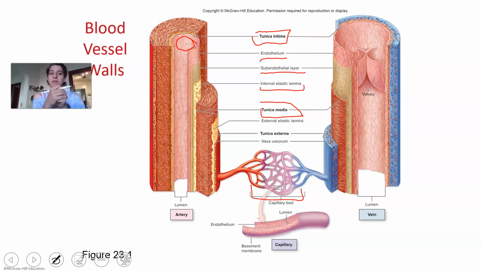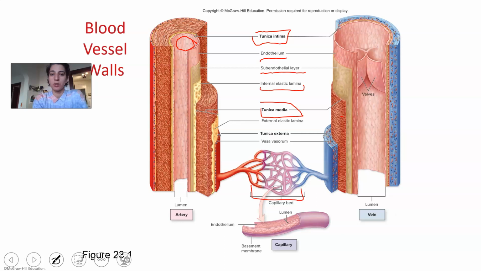It's going to be receiving these high pressure pulsations of blood every time the ventricles contract, right? So they have to be able to stretch and recoil to receive those high pressure pulsations of blood. Okay, so you find this internal elastic lamina, and it's comprised mainly of elastic fibers.